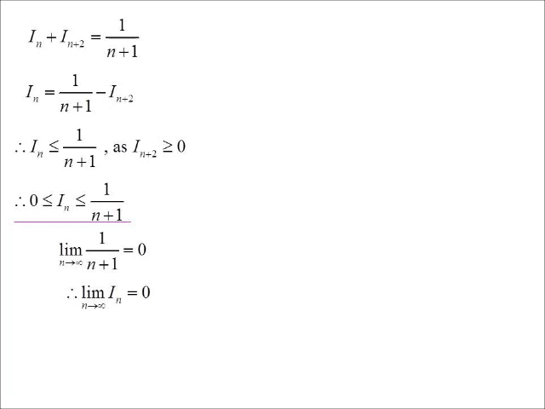It must be 0. Okay? But J_n is the limit as n approaches infinity of (-1)^n of I_2n. Well, if I_n approaches 0, I_2n approaches 0 as well. So therefore, the limit as n approaches infinity of J_n is also 0. Right?